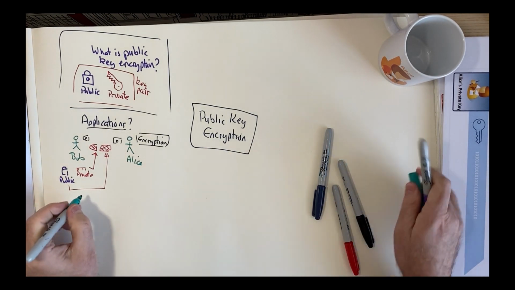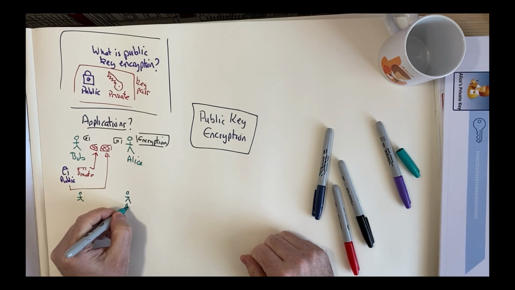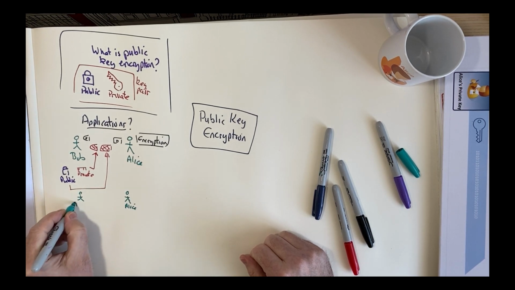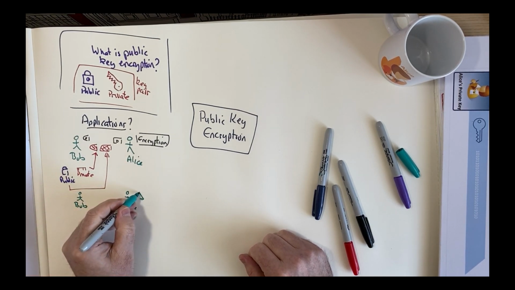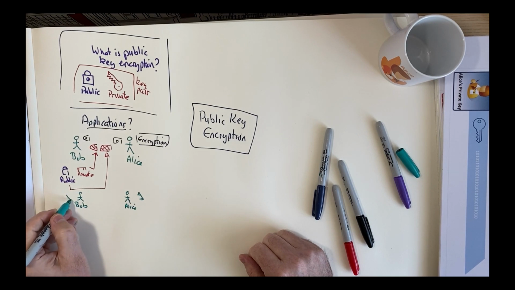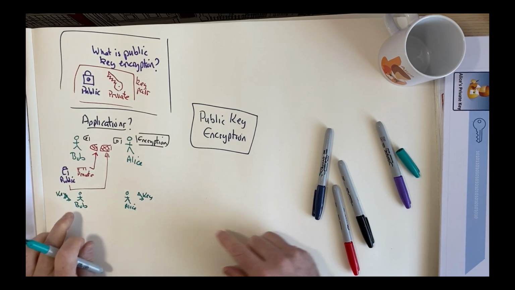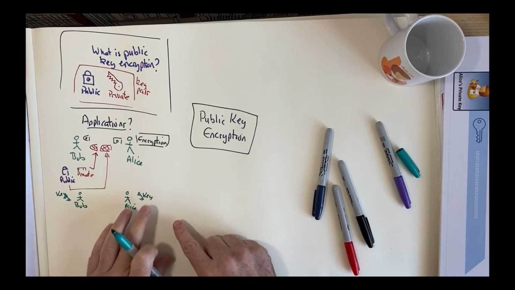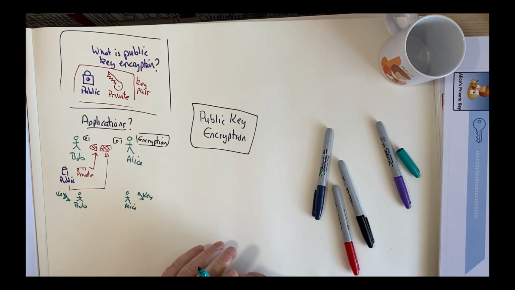So here we have Bob and Alice again. In many applications, what we want to be able to do is to end up with the same shared key on either side. So how does Alice get the key over to Bob that is to be used?